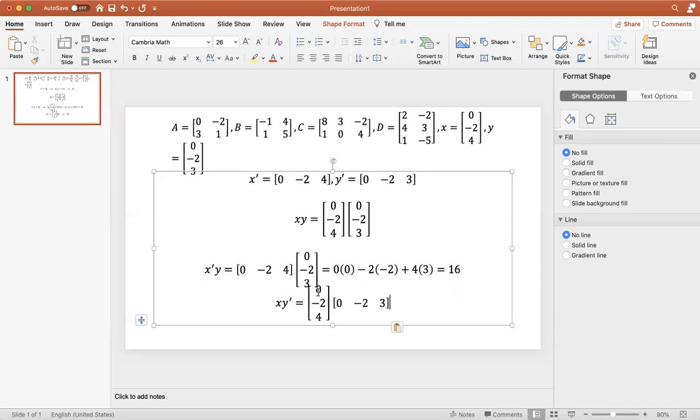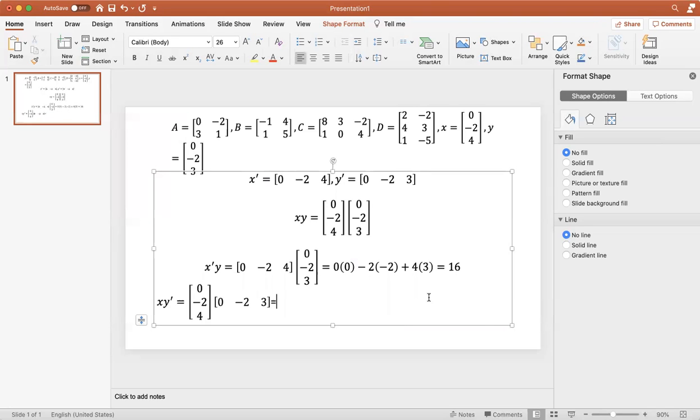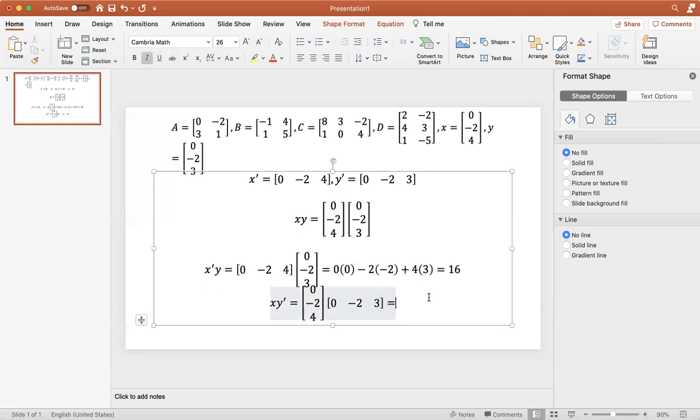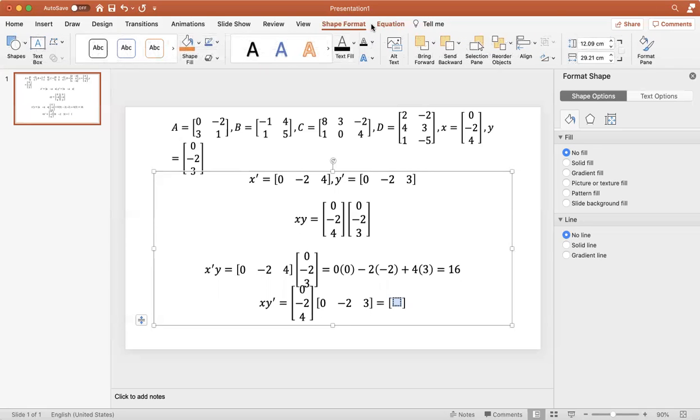The number of rows, which is 3, corresponds to the number of columns, which is one. So you can still multiply these two vectors. The output here would be a 3 by 3 matrix, because you're multiplying a 3 by 1 vector with a 1 by 3 vector.